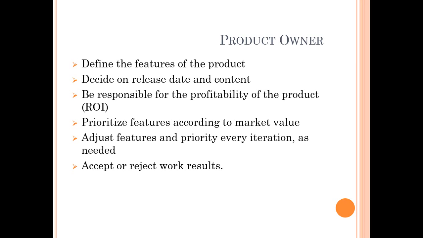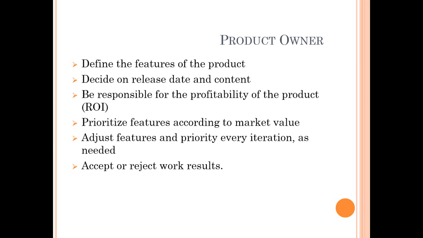As the iteration progresses, as the sprint progresses, product backlog gets updated by product owner, and the most valued or important stories or requirements are ranked at a higher level by the product owner.